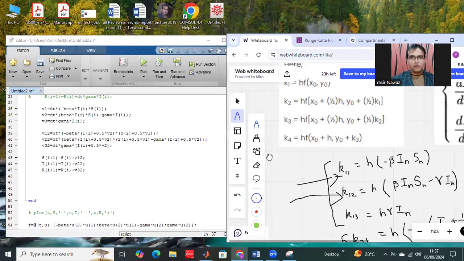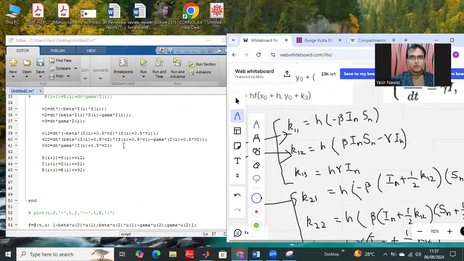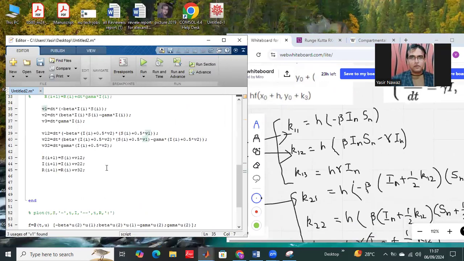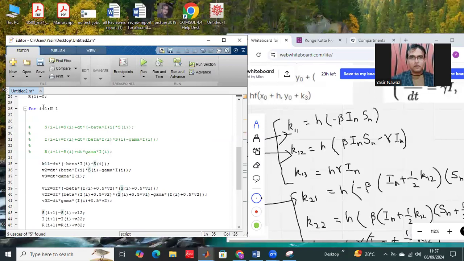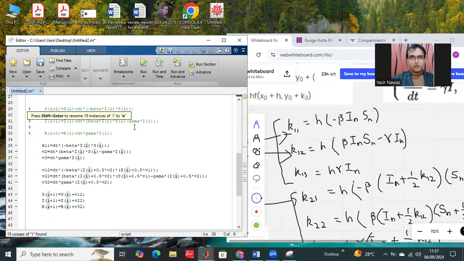So the first stage is K11. K11 is dt times minus beta I Sn. Here n is equal to n, so I have to use the n here.